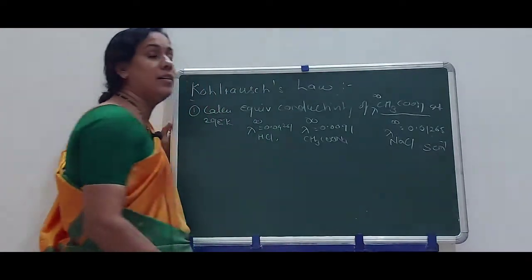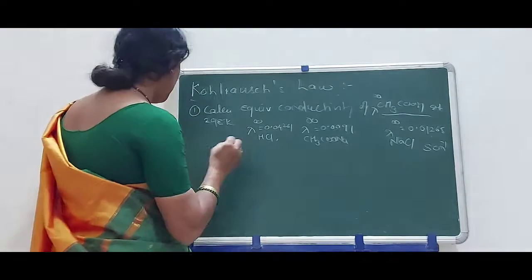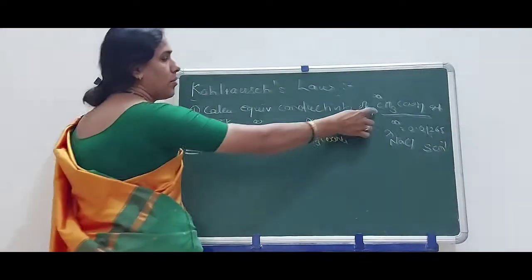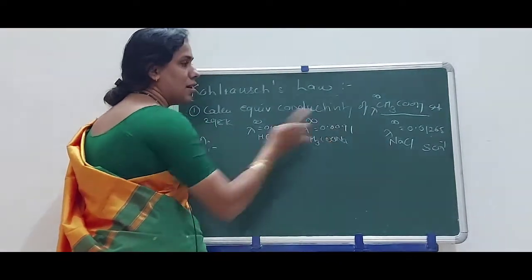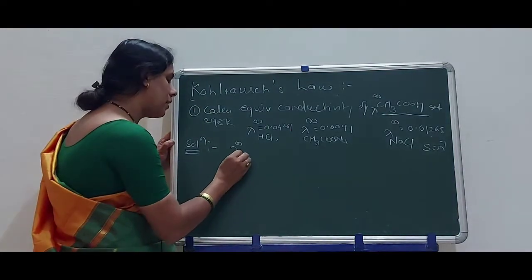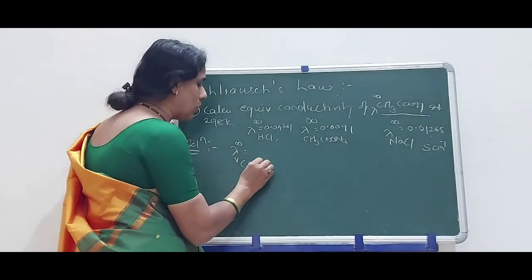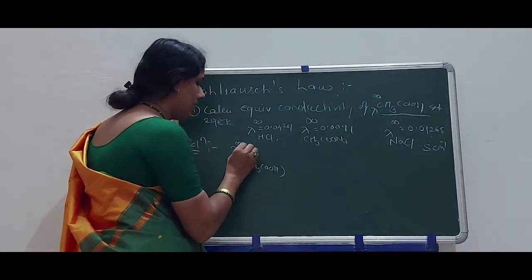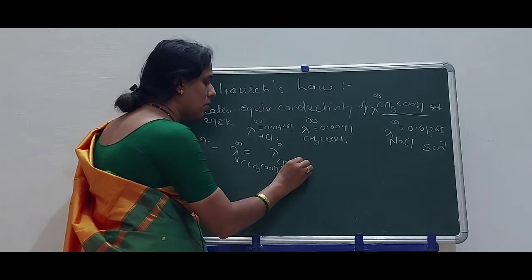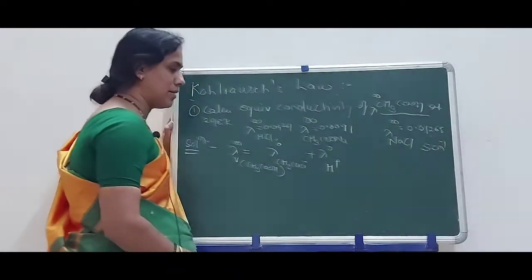First of all, we have to write the chemical equation in dissociation form. Solution: according to Kohlrausch's law, we have to write the reaction for these electrolytes. We have to calculate lambda infinity, the molar or equivalent conductivity of CH3COOH, which is equal to lambda 0 of CH3COO minus plus lambda 0 of H plus.